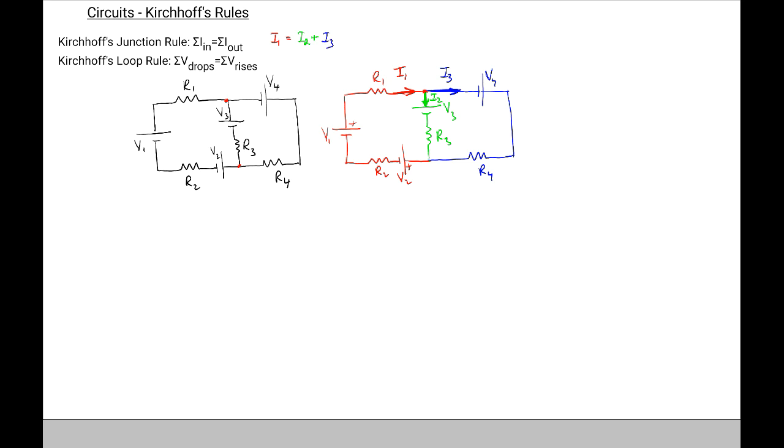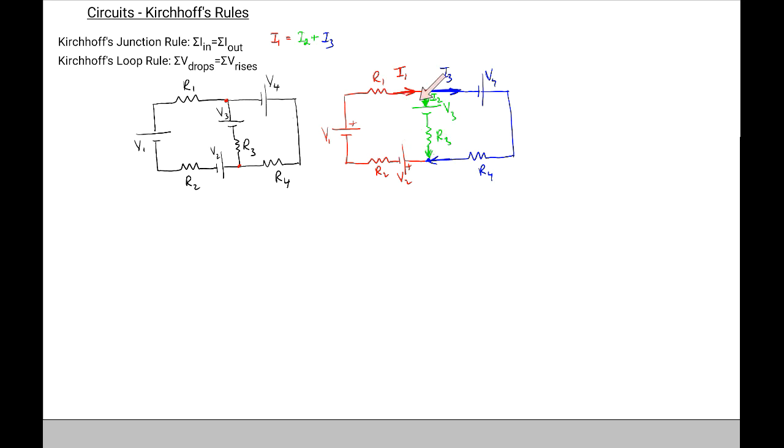Now you might think, well, there's a junction down here as well. Can I use that junction? Well, of course, but let's look at it. So if current 3 comes around this way, that means that it goes into the junction at this point. If current 2 comes down, it means that it will go into the junction at this point. And the red current, current I1, starts from here and goes around in that direction.